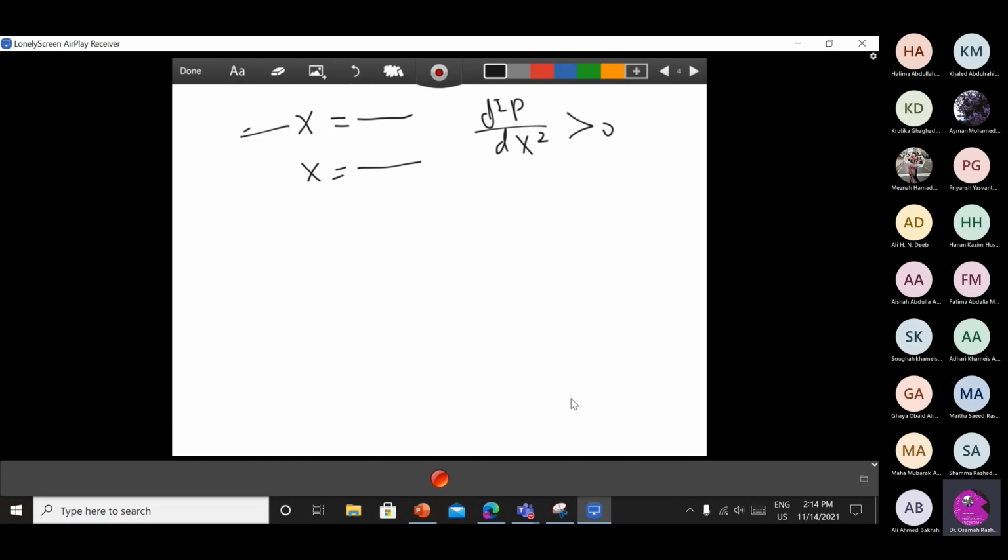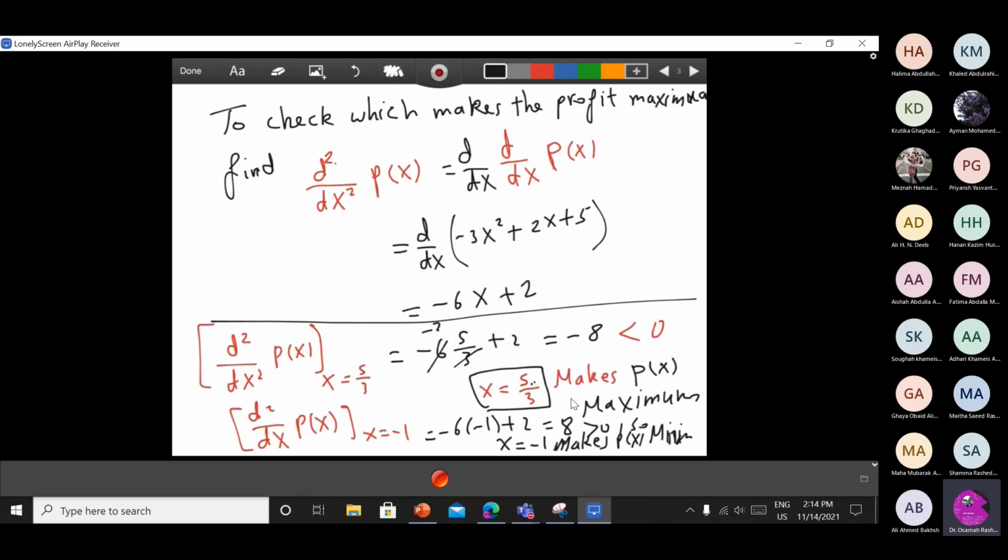So this one has a maximum, and the other one also has a maximum. So which one will you take? You will take the second one. In this case, they call it the absolute maximum. Catch it? But in our case, this will never happen.